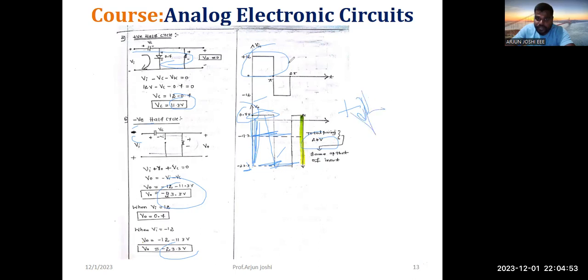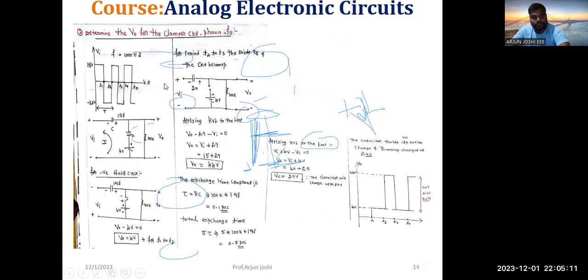The input also has the same plus 12 minus 12, total 24 swing. What is the condition, the definition? Total output voltage swing is equal to total input voltage swing. This is how we need to match. Very simple problem. Now let's understand a very important problem.